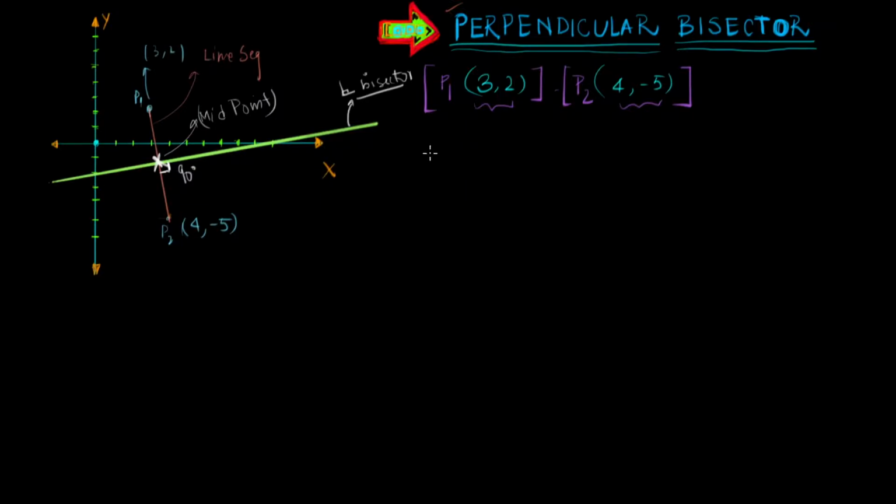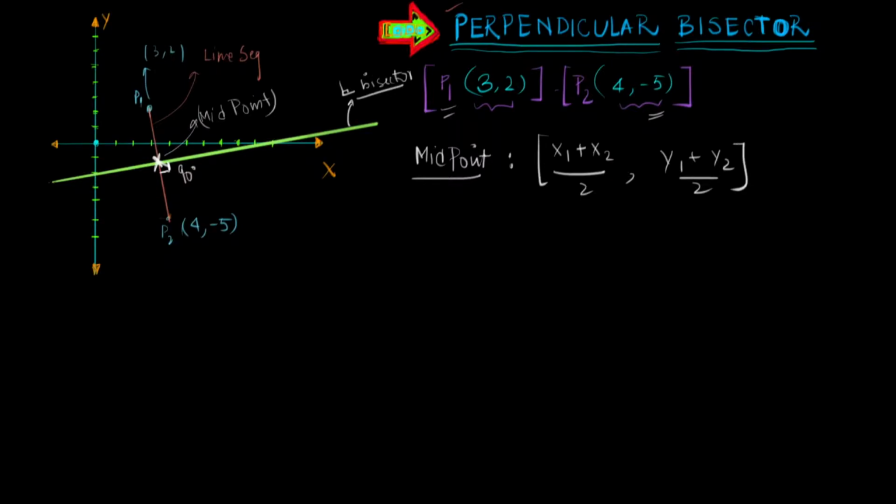Therefore, with all this, we can now proceed to figure out the equation of the perpendicular bisector. The first thing is to find the midpoint of the line segment. The midpoint would be, as we already know, if these are the two endpoints of the line segment, of the form ((x1 + x2)/2, (y1 + y2)/2).